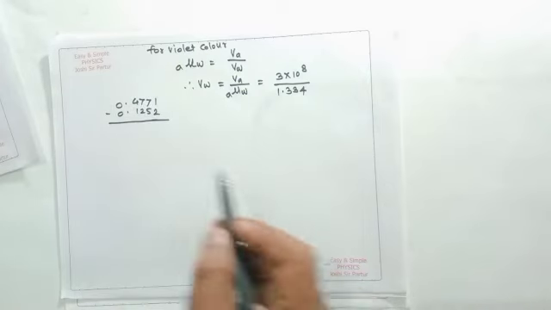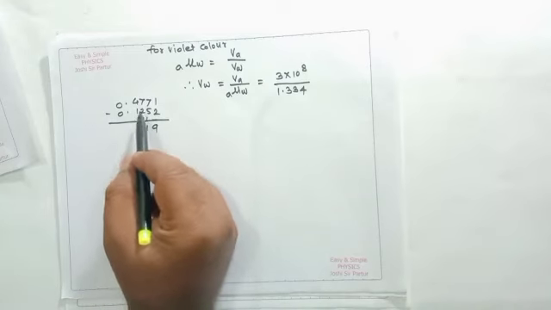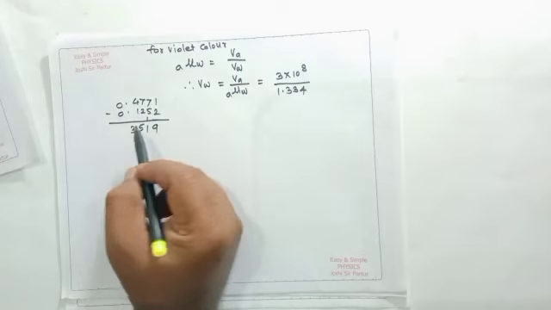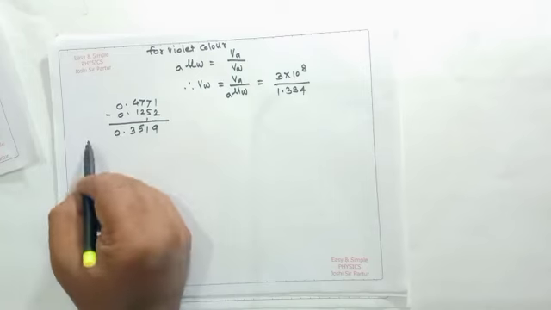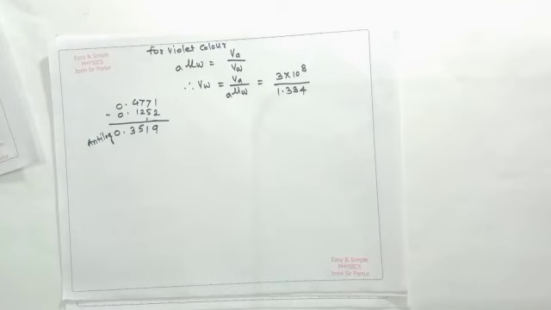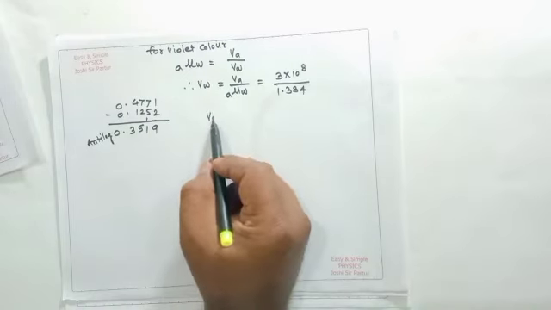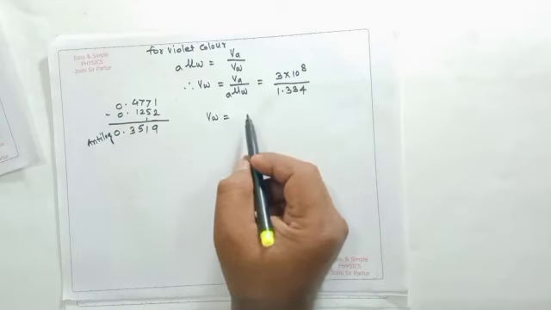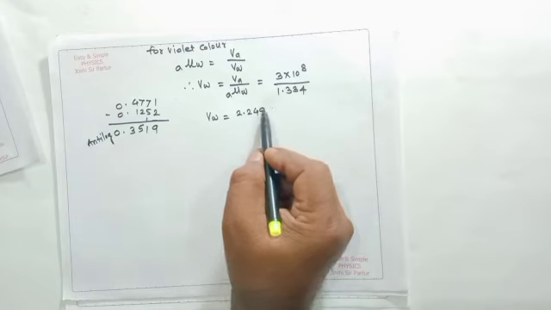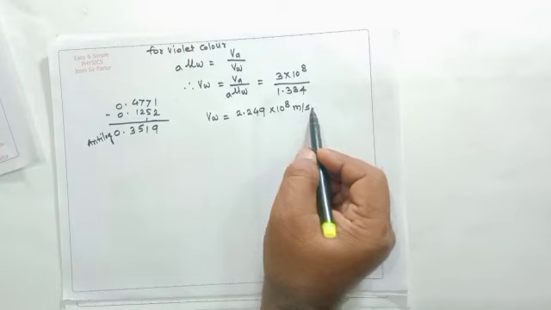Subtracting, 2 from 11 leaves 9, from 7 leaves 1, from 2 leaves 5, and from 4 leaves 3. If we take the antilog of 0.3519, with 9 in the mean difference, the velocity of light in water for violet color will be 2.249 into 10 to the power 8 meter per second.